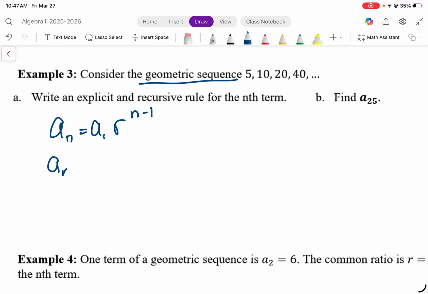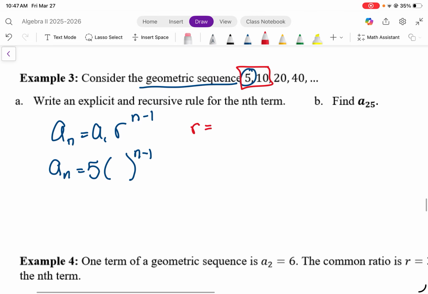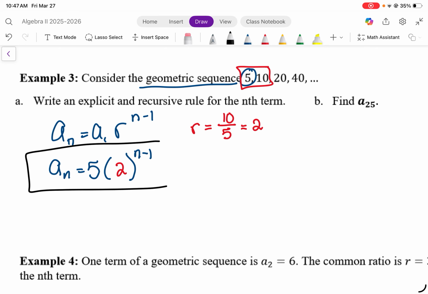So we know a sub n equals our first term of 5 times our common ratio to the n minus 1. So to find my common ratio, I'm going to take two terms that are next to each other. I'm going to put the second one on top and then the first one on the bottom. And then I can find my common ratio. And in this example, that is going to be 2. So that's my explicit rule.